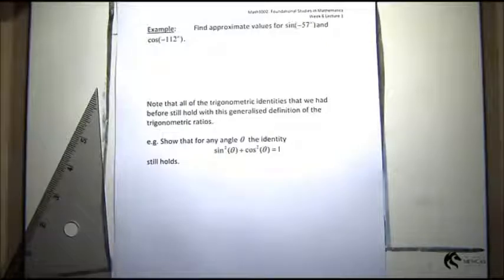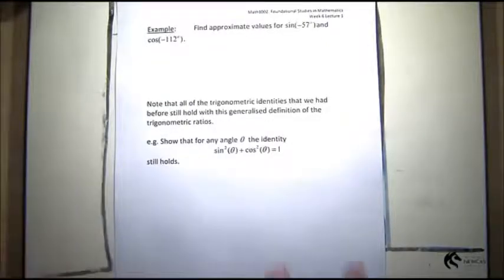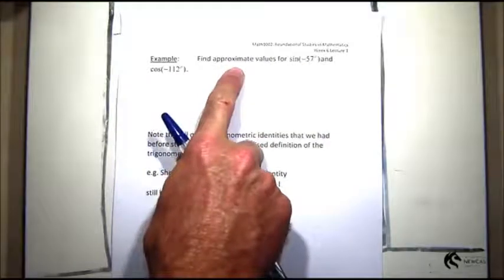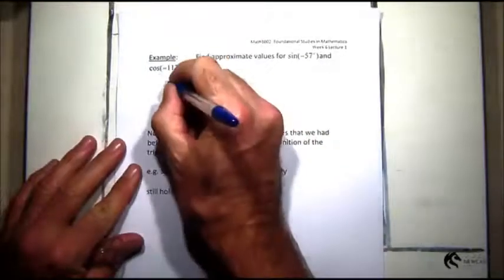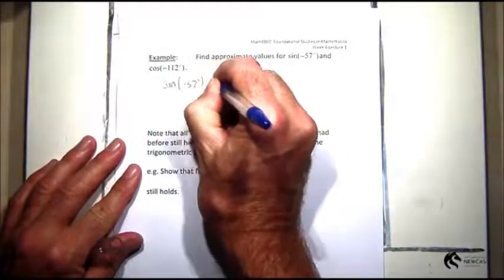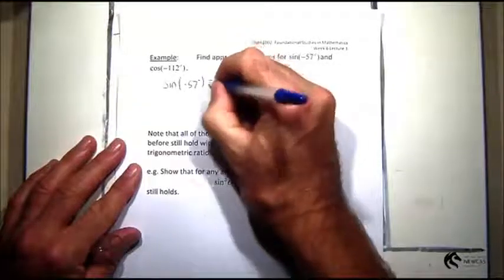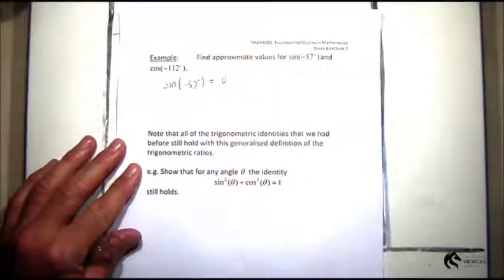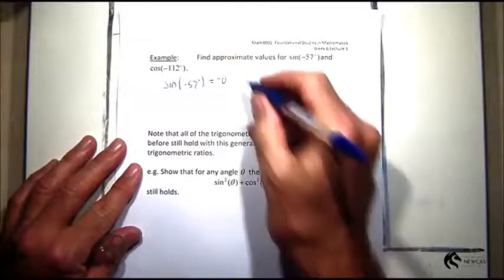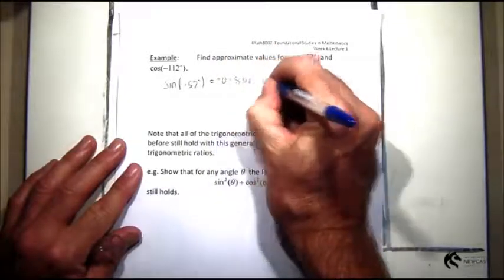But most angles aren't that way inclined, and so when you get any other angle, you can only find approximate values, and you use your calculator, and lo and behold, your calculator's clever enough to do it. Okay, so in here, just get out your calculator, type in sine of minus 57, and when you do, you'll get something like 0.839 to 3 decimal places.